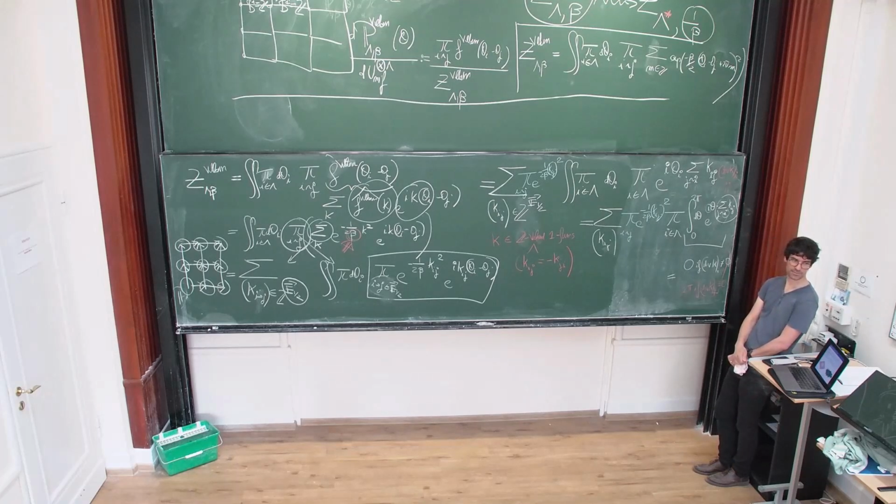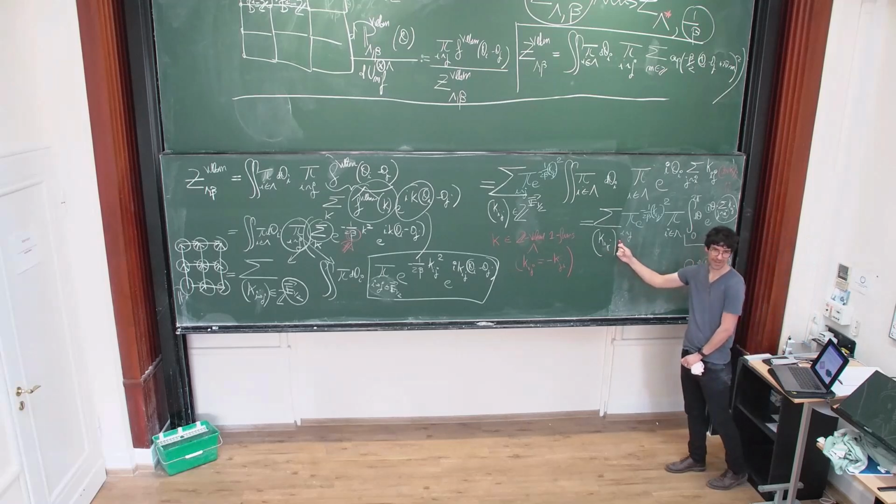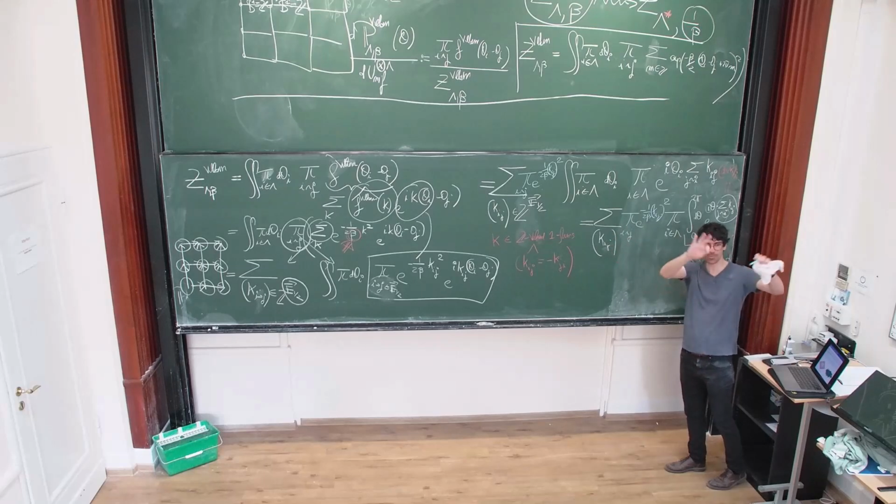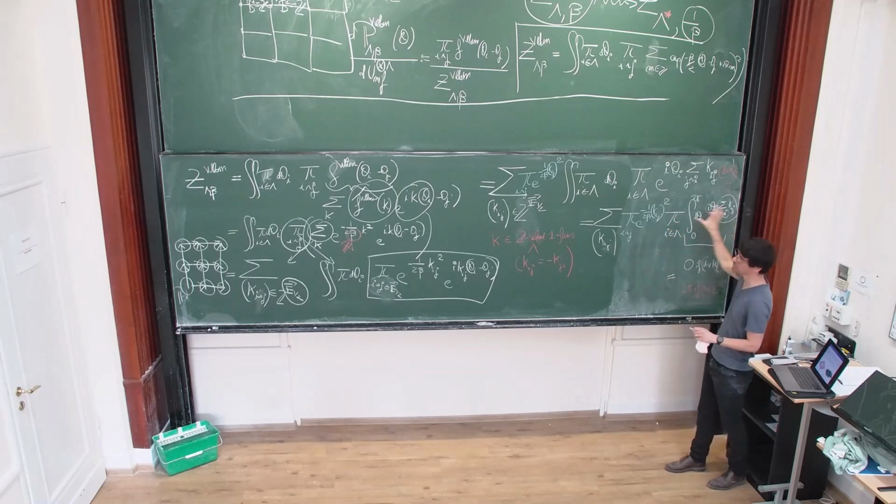Are you okay with this? So in other words, in this big sum, each one form which at any single point in my graph has a non-zero divergence will kill this term.